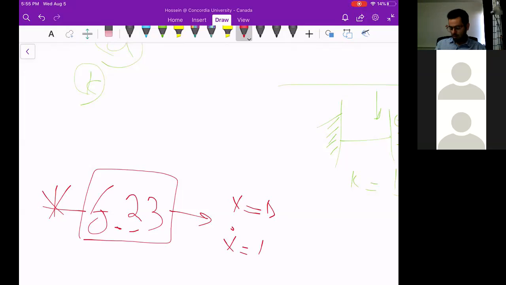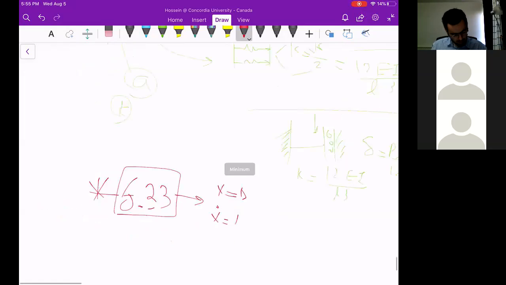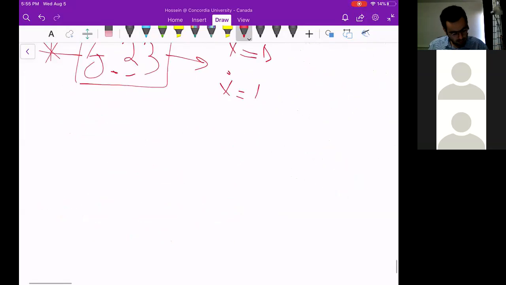Q is okay. Once you decouple it, you will reach chapter 2 and 3. Simple.